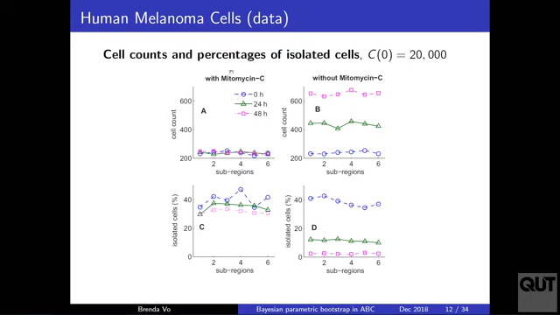With the treatment, with mitomycin C, the treatment chemical, you see that the cell counts are similar over time, which is what we expected, because they don't generate anymore. Without the treatment, at 48 hours, the number of cells is much higher compared to the initial and the 24 hours.